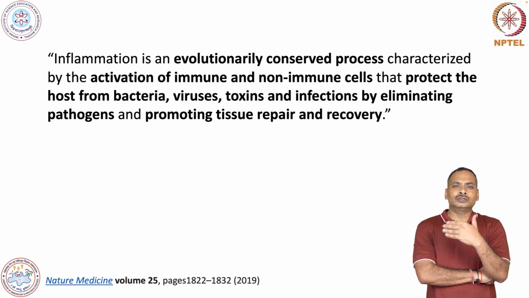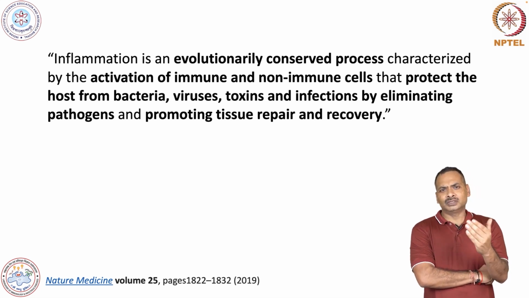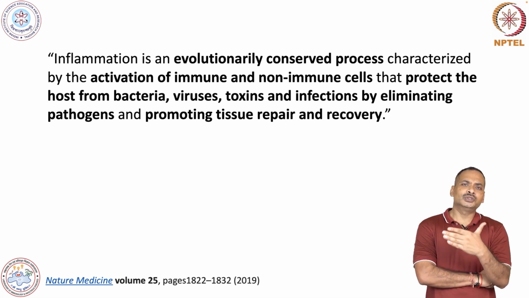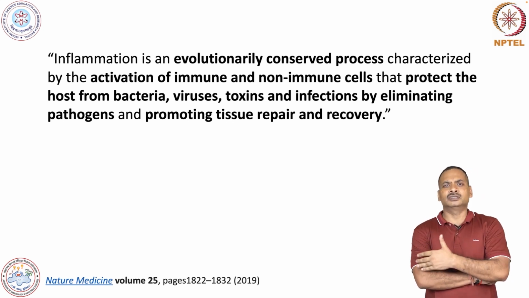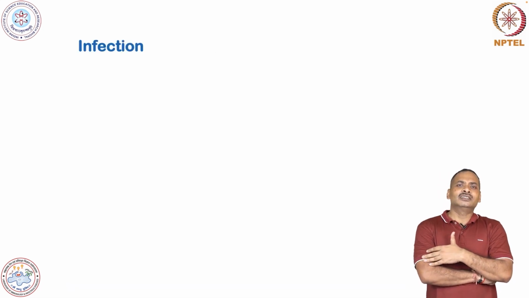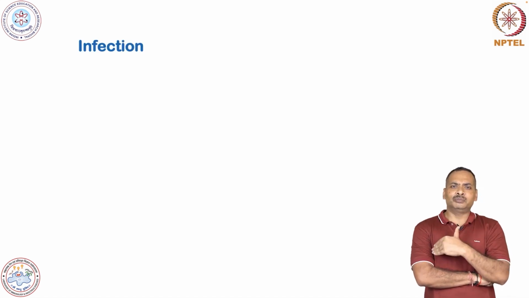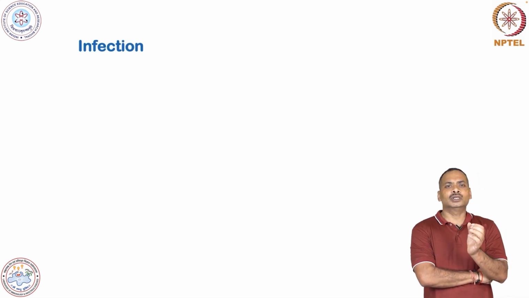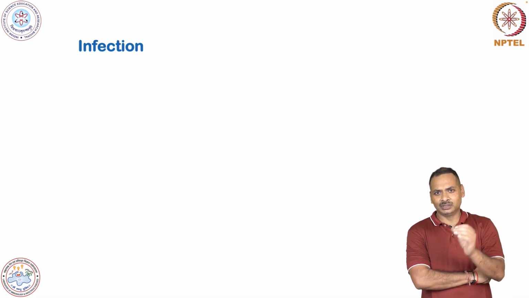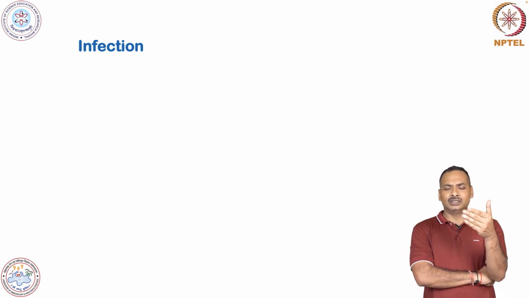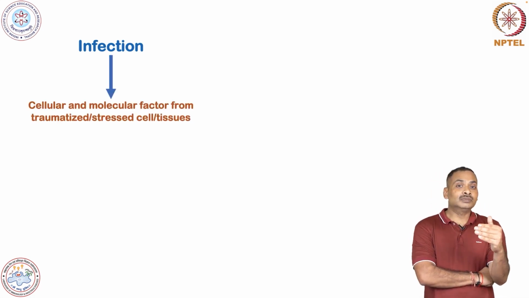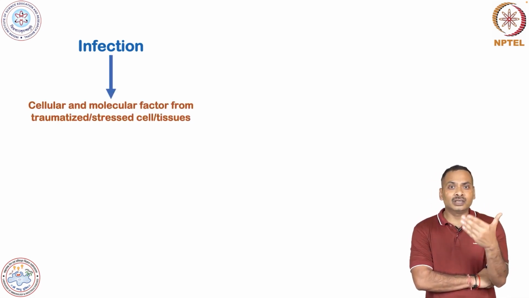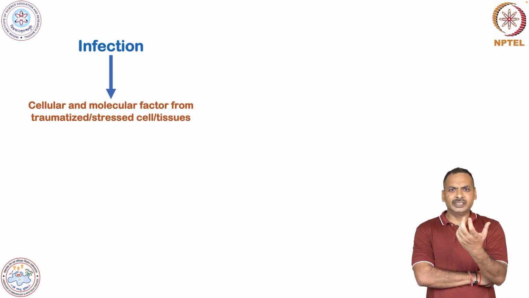So here I will take one simple example. If the individual is infected by some microbial pathogen or any kind of pathogen, then several things will happen. One is that the infective entity will damage the tissue, and that will cause the release of some molecular signatures.